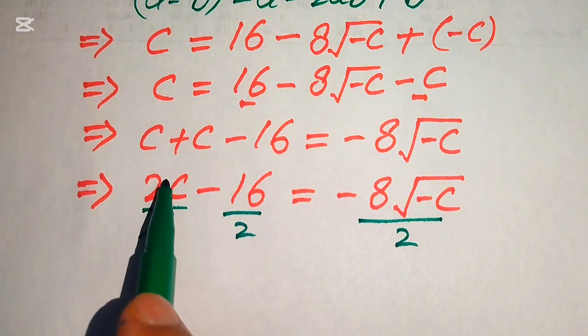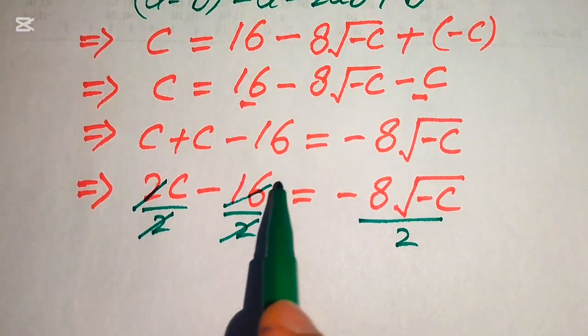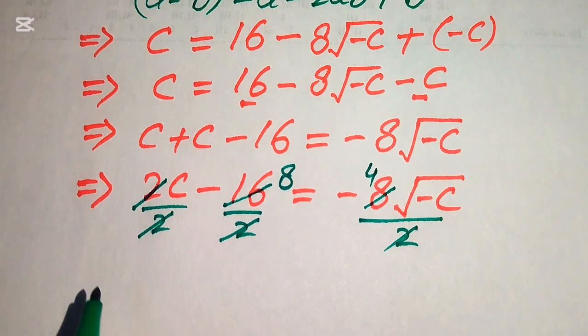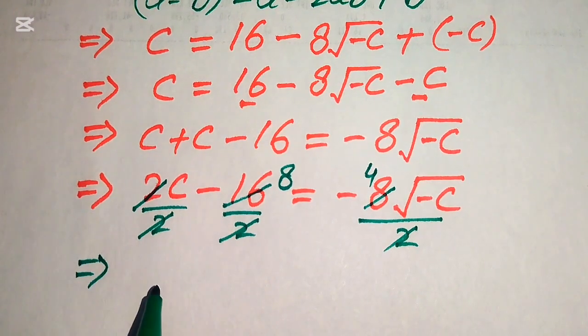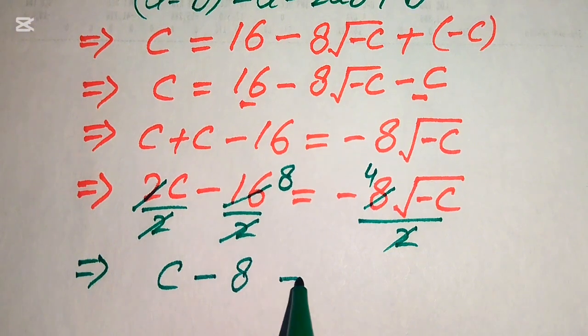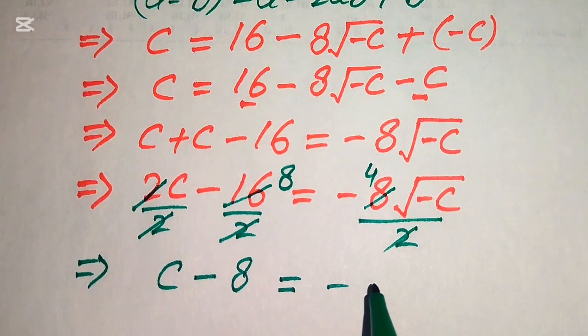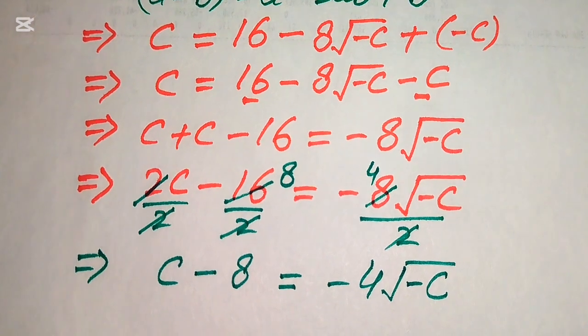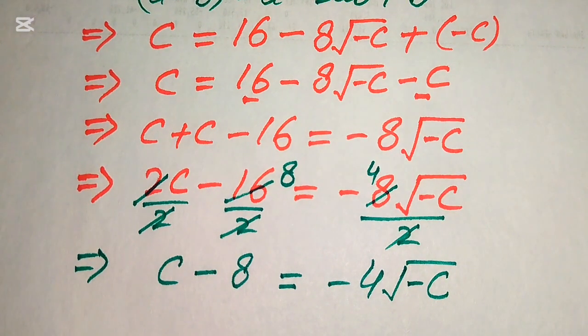And you see here this 2 and this 2 are gone, 2 times 8 becomes 16, 2 times 4 becomes 16, and here we get the remaining values: c minus 8 equals minus 4 times square root of minus c.